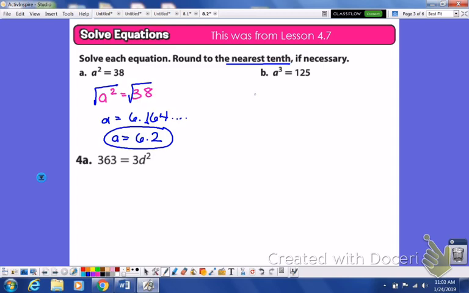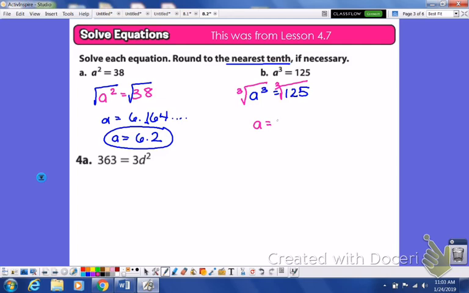Alright, moving on to B. A cubed equals 125. Now, it's not a square root this time, because we're talking about a cube here. So we want to take our cube root, and think about what times itself 3 times would give us 125.